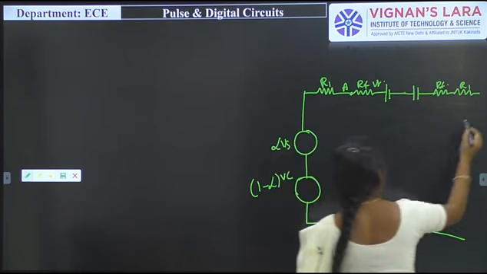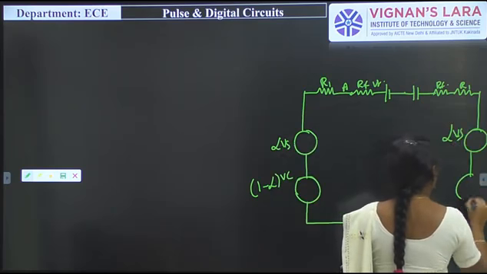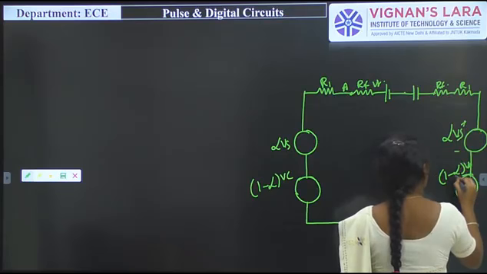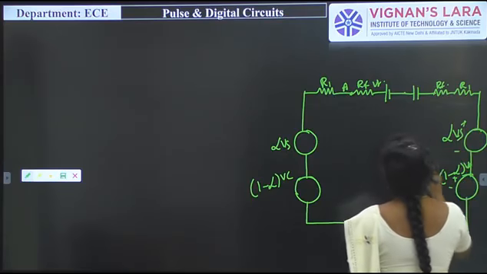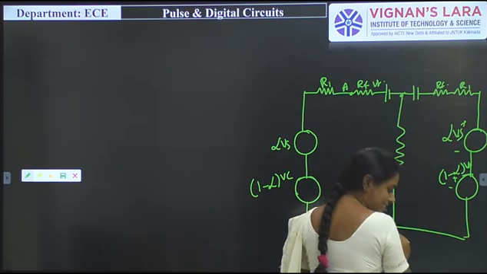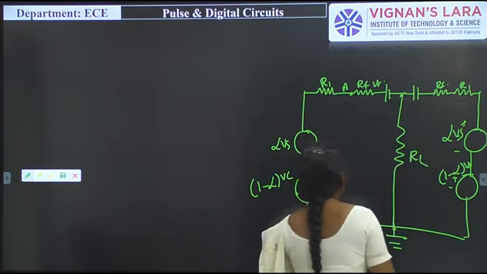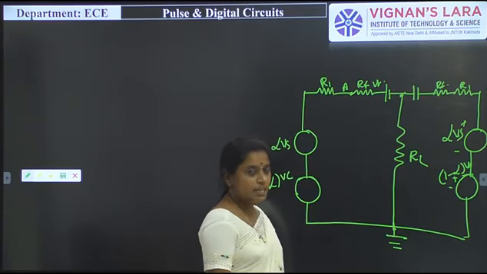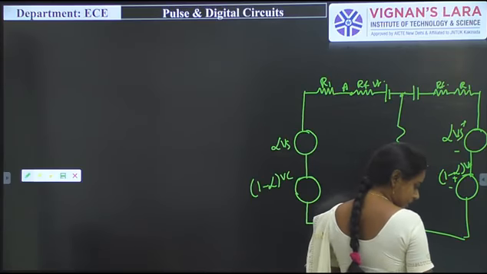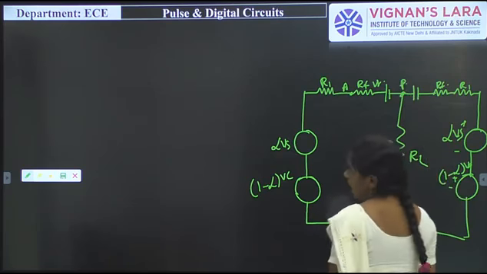The same signals appear here also, alpha Vs and 1 minus alpha into Vc. Here positive and negative, and positive and negative, and here there is a resistor. That resistor we take as RL, which is connected to the ground, and the terminal I am representing is P. So simply we say, what is the R3?